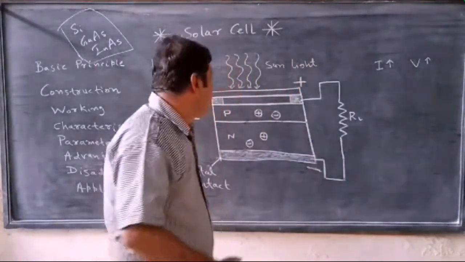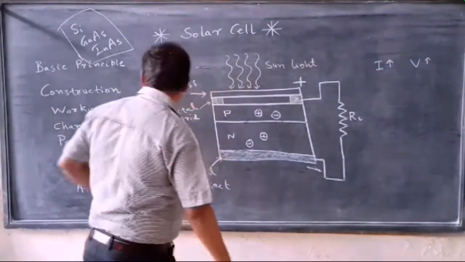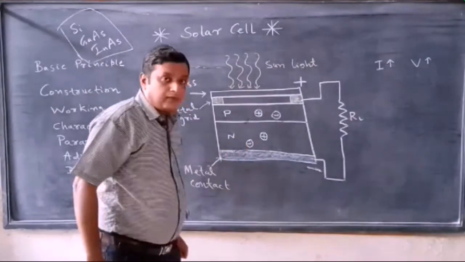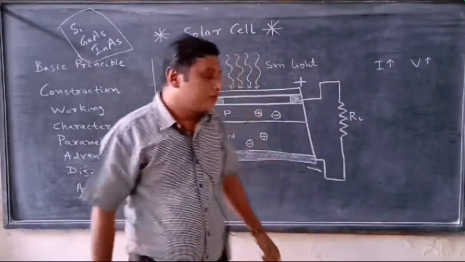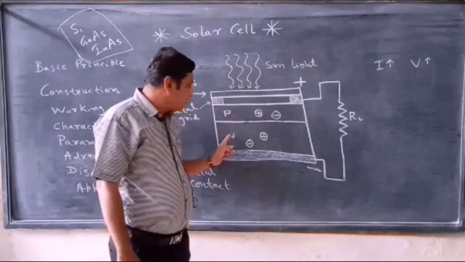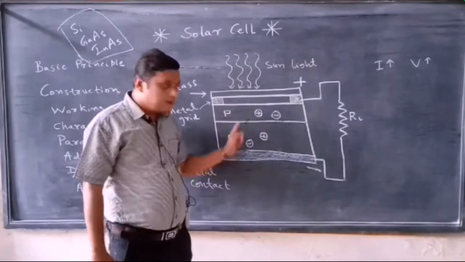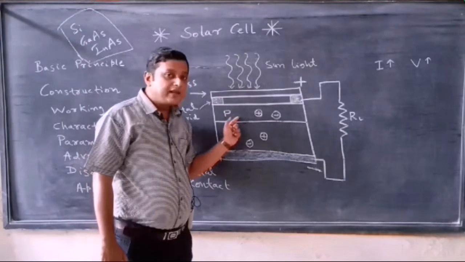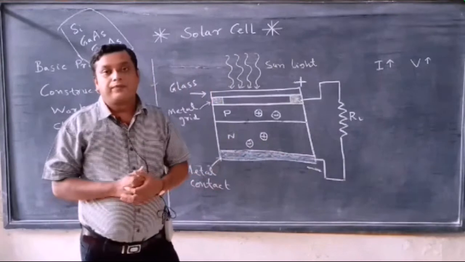This figure shows the construction of the solar cell. It is a p-n junction diode. So we have this p-type semiconducting material and this n-type semiconducting material, and between these two we have this depletion barrier.